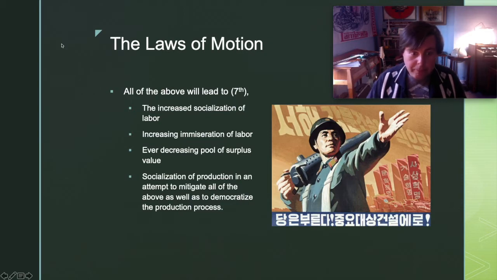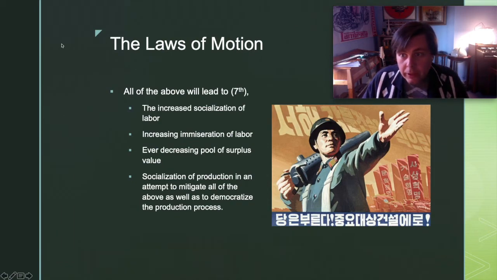So all this leads to this crisis where there becomes a point where essentially the rate of profit has declined to the point where at the same time there's very little surplus value to extract from workers, right? So you can't get the rate of profit back up where it needs to be to continue to invest sufficiently. And what happens is that society decides to change the process.